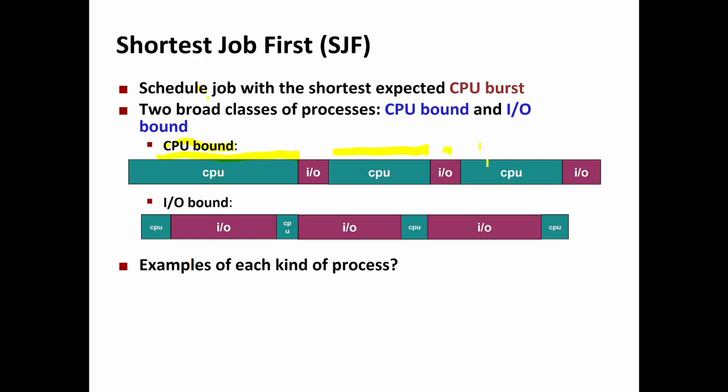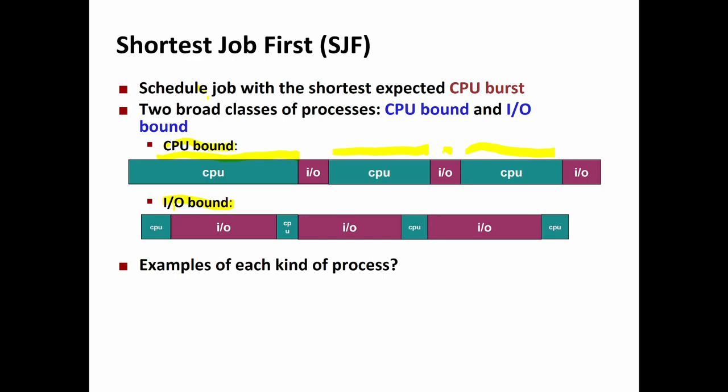For example, when you start compiling something, you'll be compiling for a long time with intensive CPU usage, and then you may go for disk access, and after you read something, you'll again use a lot of CPU. There will be other processes which are called I/O bound.